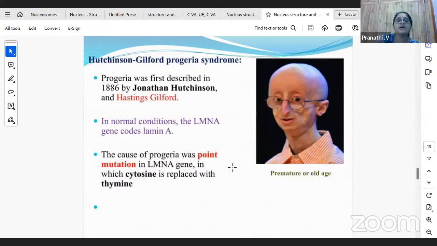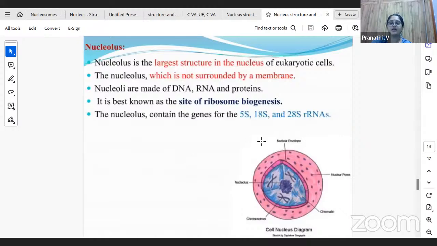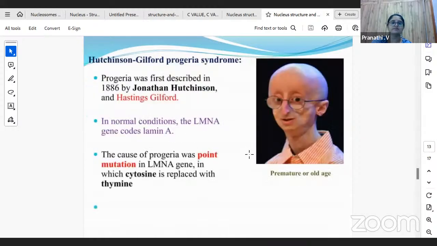One nucleotide, cytosine, is replaced with thymine, because of which just one particular amino acid is changed, and because of that there is premature aging. The children who have progeria do not live a long life. So that is one thing about the nucleus.